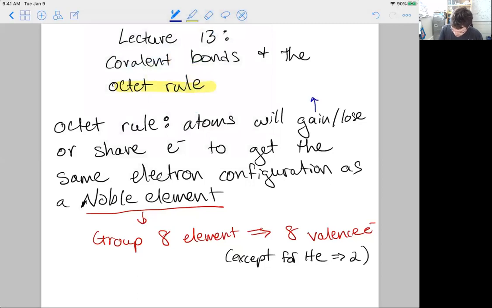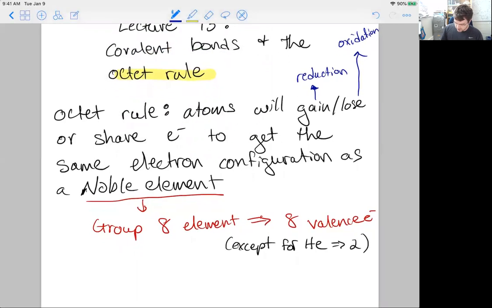Let's recall the terms gain and lose. If we have an atom gaining electrons, that is a reduction process. And if we have an atom losing electrons, that's an oxidation. So we've actually seen the octet rule in action a bit.